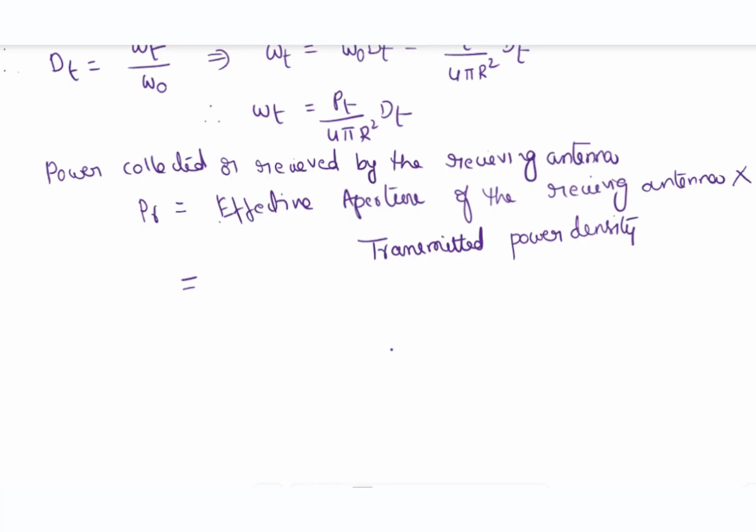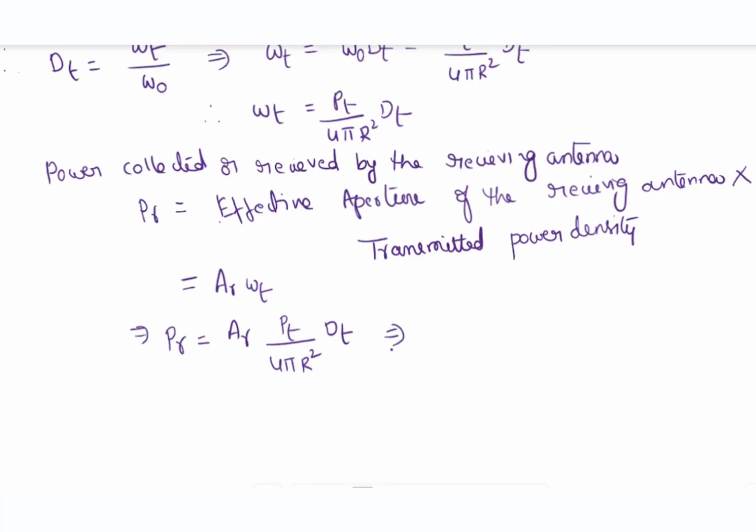What is the effective aperture of the receiving antenna? AR, and the transmitted power density is WT. So now it implies PR is equal to AR into, substitute WT, PT by 4 pi R square into DT.